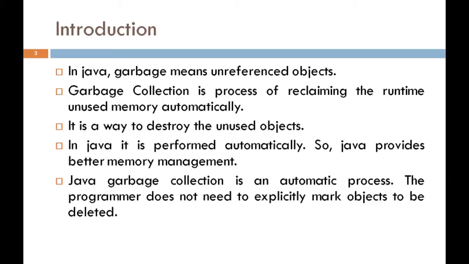Normally, garbage collection is done in the following manner. All the objects are allocated on the heap area managed by the JVM. As long as an object is being referenced, the JVM considers it alive.